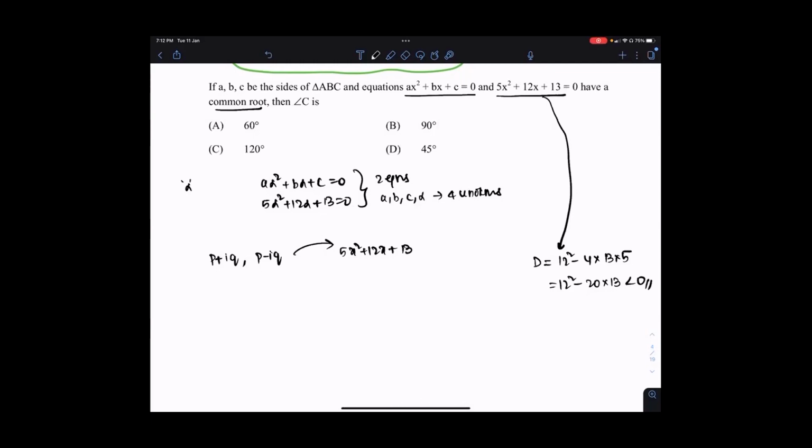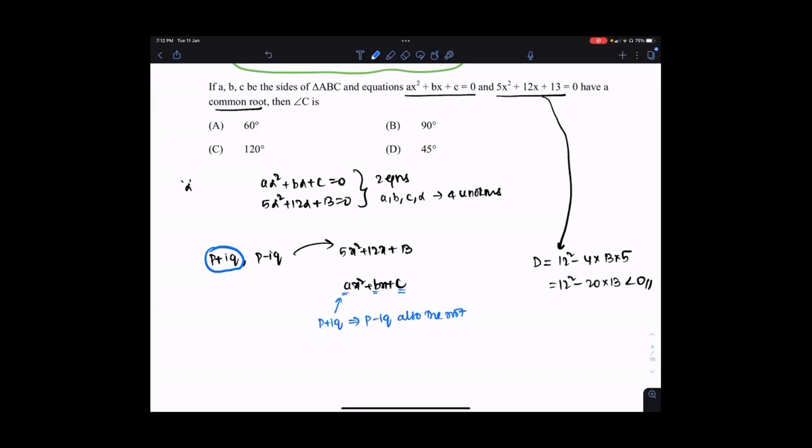Now, for ax square plus bx plus c, let's say the common root is p plus iq. Which implies p minus iq is also a root, no? Because if the coefficients of a quadratic expression are real numbers, then the roots will occur in conjugates, p plus iq, p minus iq.